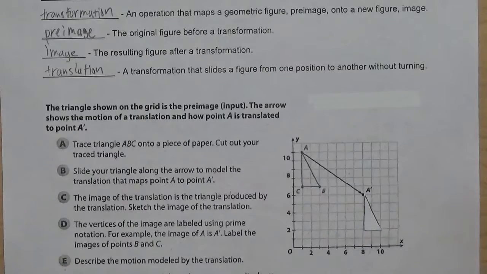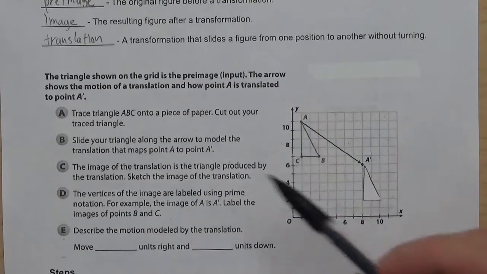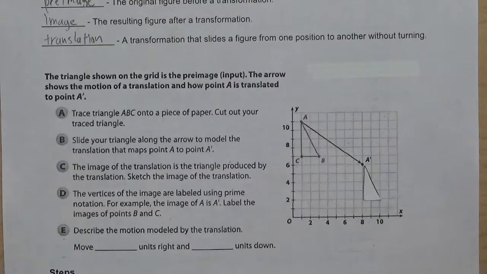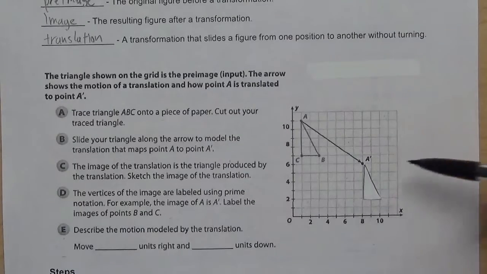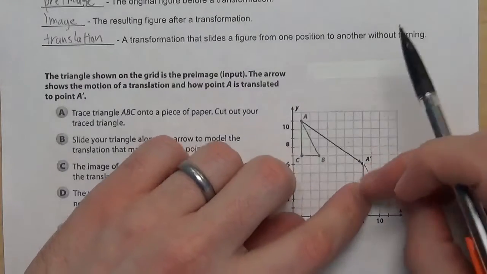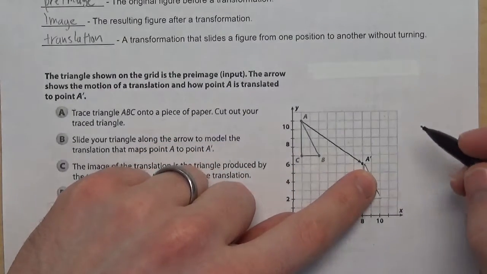It says the image of the translation is the triangle produced by the translation. Sketch the image of the translation. So what they're saying is this is the preimage. We now have the image after we've translated it. So they want us to go ahead and put what the shape would be after it's been translated.